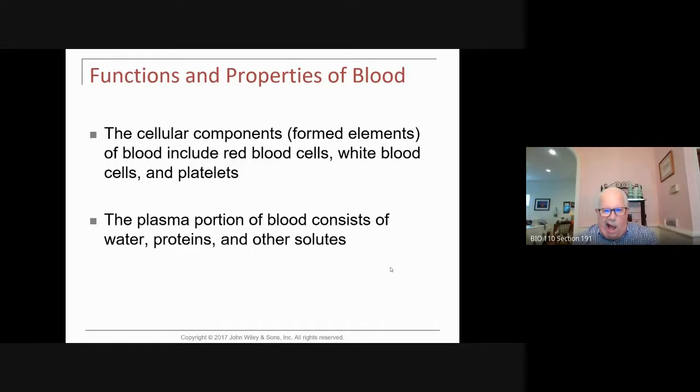Platelets are not cells. We will talk about the difference later on in this lecture. The plasma portion of your blood consists basically of water, proteins, and other solutes. We will talk about those solutes. That's important.